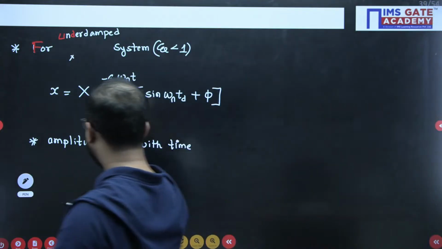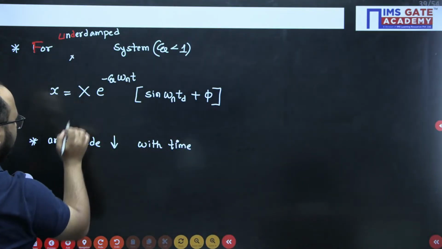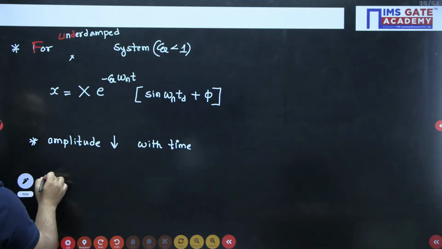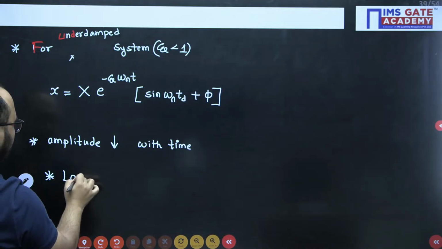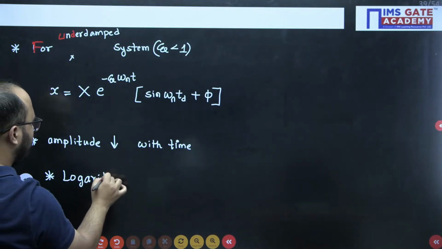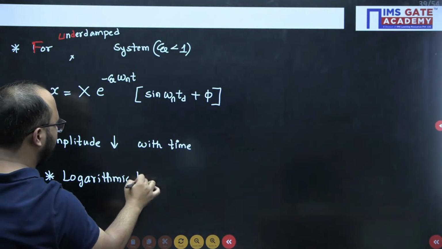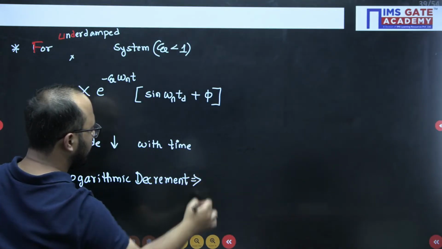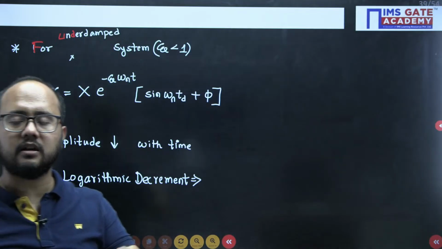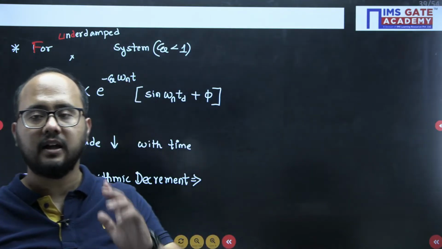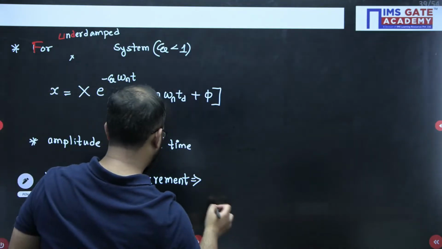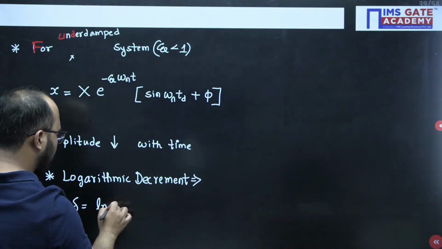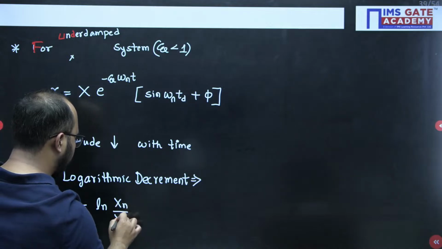Okay. Now in this part, one more thing you need to understand, the logarithmic decrement, very important. Questions will come directly from logarithmic decrement. Now what is logarithmic decrement? Logarithmic decrement is the natural log of two successive amplitudes. It is represented by this factor del.